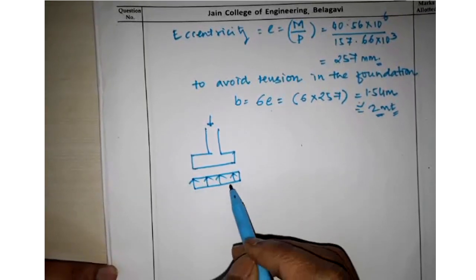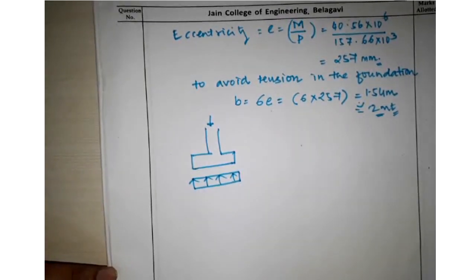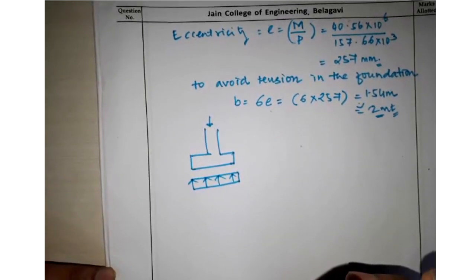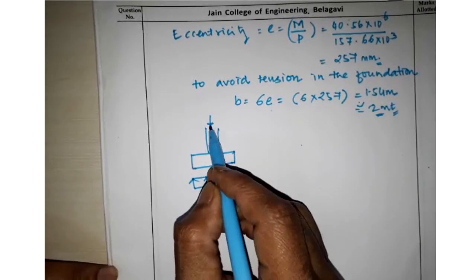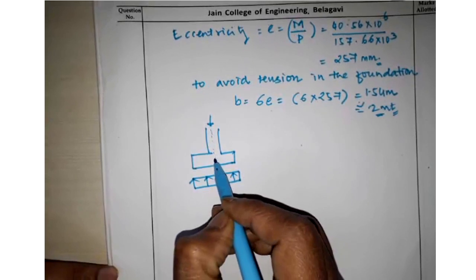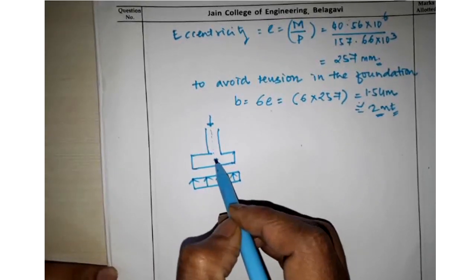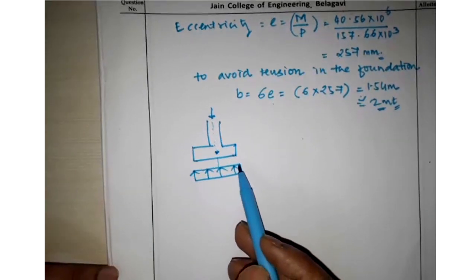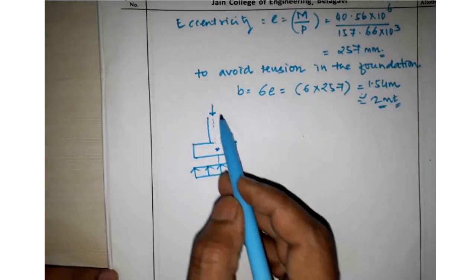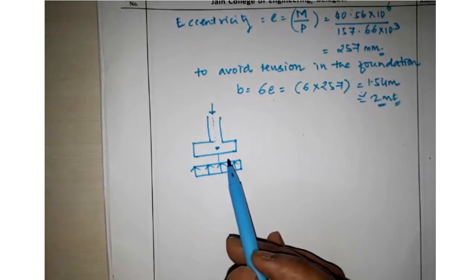This is possible when the CG of load and the center of footing are coinciding, and when the footing is subjected to only axial load.